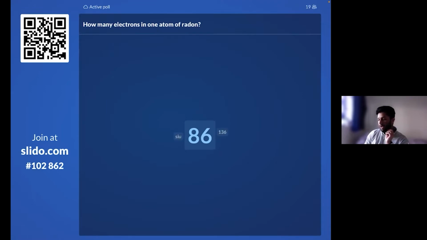Okay, so this is the number of electrons in the atom. We have quite a few dozen votes for 86, hence why it's so much bigger. And again, you'd be right, because like we said, the number of protons equals the number of electrons in an atom.